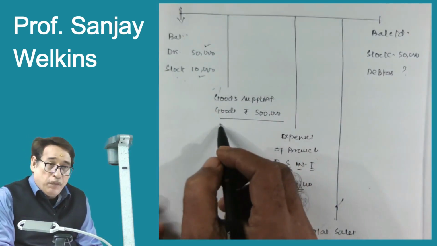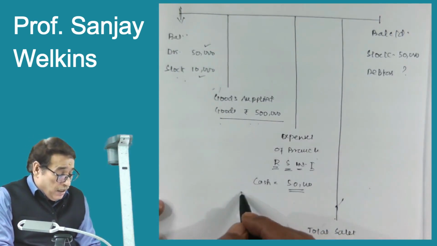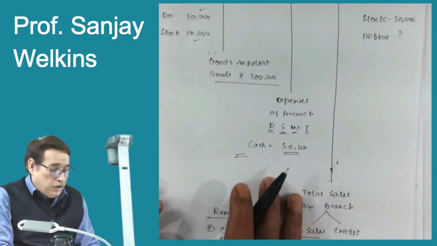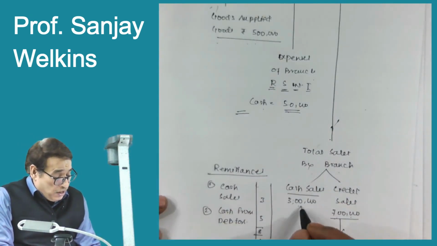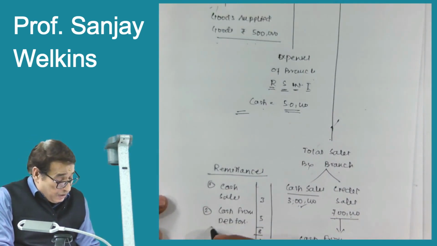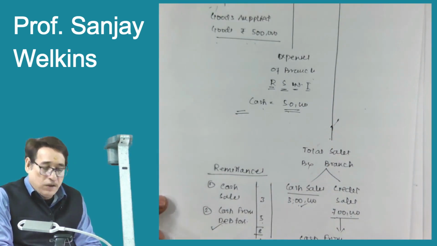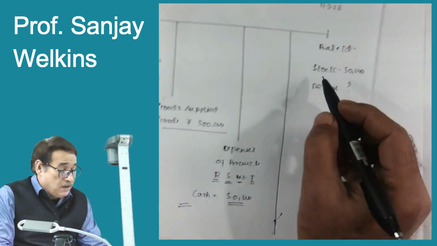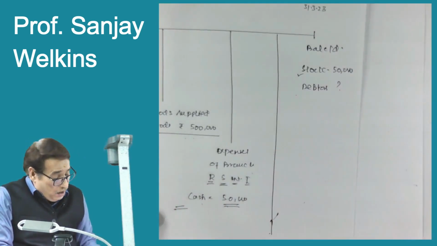Head office supplied goods to the branch to the tune of rupees 5 lakh. Head office also sent cash to meet the branch expenses, 50,000. Besides that, cash sales were 3 lakh, credit sales were 5 lakh, and cash receipt from debtors were, let us say, 5 lakh. Is it clear to you? And closing balances, stock is 50,000 and debtors we do not know.